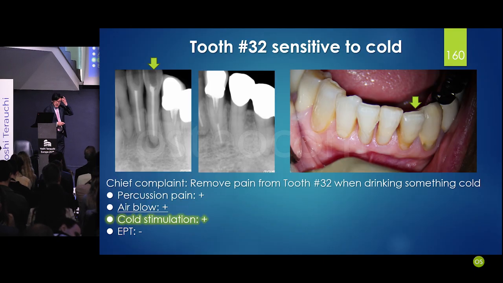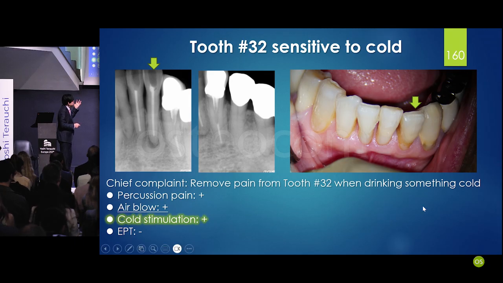Another case. The patient was actually a male, not female. Sometimes I have male patients with psychogenic pain. His complaint was to remove pain from tooth number 32, this one. He had pain whenever he had something cold.